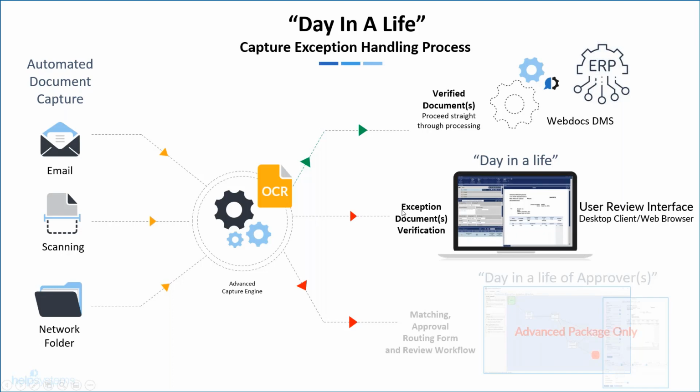Now, for exception documents, we do have what I'll call a capture workflow that's built into the system as well. That gives you the capability for users to accept and update any information, and also train the system if need be a little further on certain kinds of document types that might come in the system.